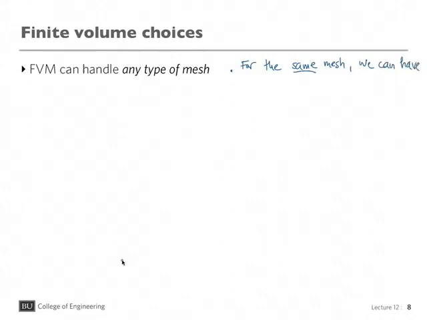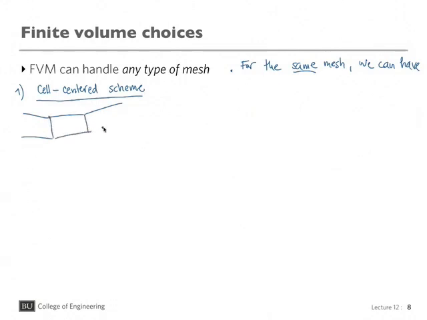We can have a few options. The first one is called a cell-centered scheme. So suppose that we have something, remember it doesn't have to be a Cartesian rectangular, and so we can have a skewed mesh, something like that. Let's see, I'm going to try to draw something that is skewed but still regular in this case.